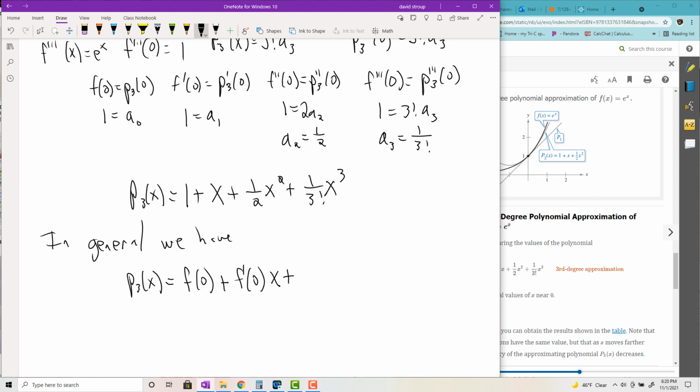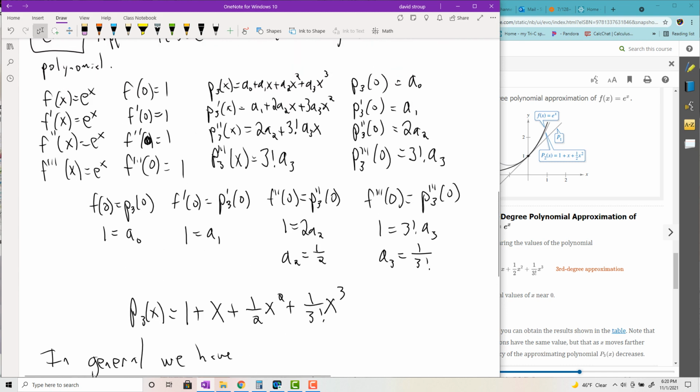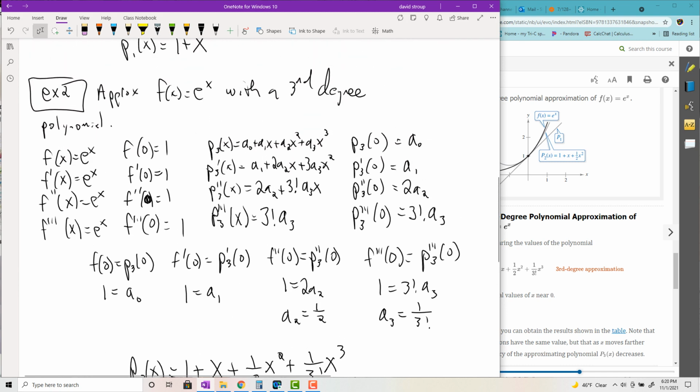There was some division involved, so it's really f double prime of 0 divided by 2. The 2 just comes from the repetitive derivatives.